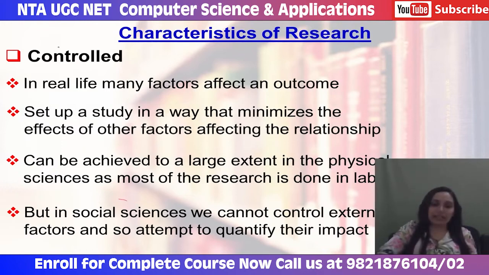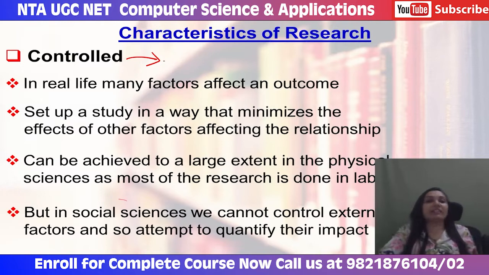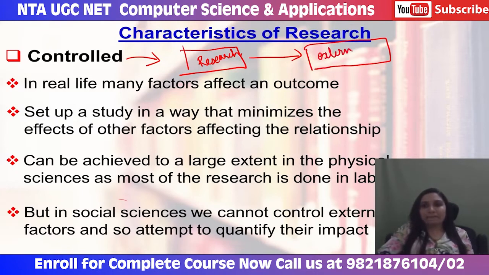Controlled means that there should be very minimal external factors affecting the research. It should be done in a controlled manner, in the sense that the research should not be influenced by external factors.